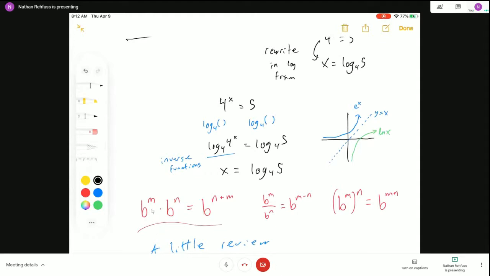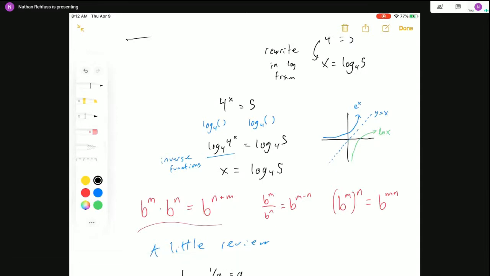I'm multiplying on the left-hand side. These are the outputs of the same exponential function at 2 different points. I put an input of m and an input of n, and then I multiplied the outputs together. Now on the right-hand side, I have one exponential function, and I'm adding the 2 inputs together.